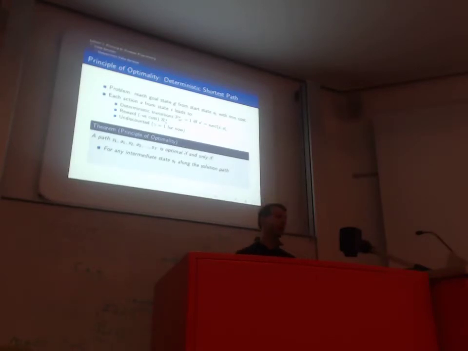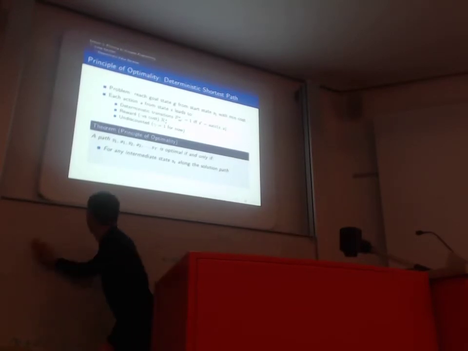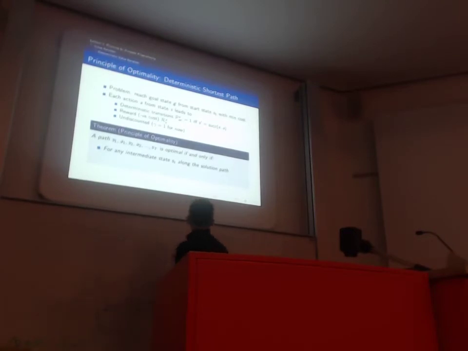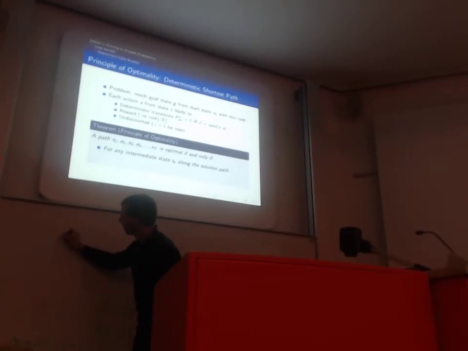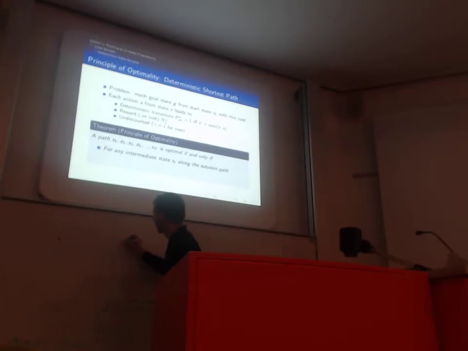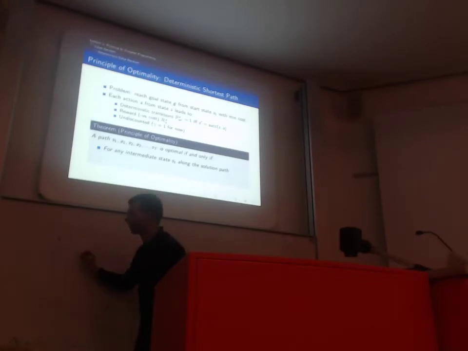And the basic idea is that if you have some path, it's a very intuitive idea. We've got some start and some goal state here, and we're considering some sequence of actions which takes us through all these states and actions. So this would be S1, A1 takes us to there, S2, A2, all the way through here.